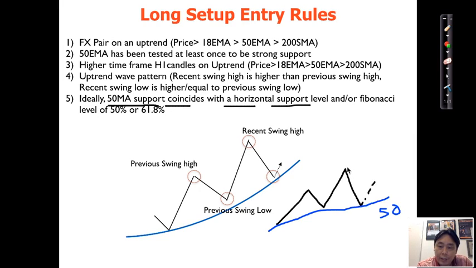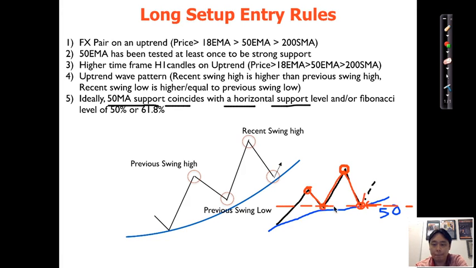So this is the recent swing high, that's the previous swing high. Like I said, the recent swing high must be higher than the previous swing high. That's one of the rules. Next, this is the recent swing low where we are going to buy, and that recent swing low must be higher or equal to the previous swing low, which is this one. Now notice that this happens to be a level of support, because price goes up from support.